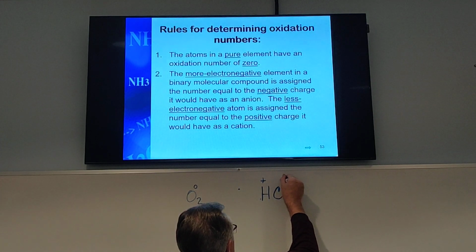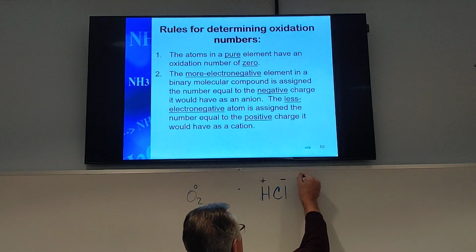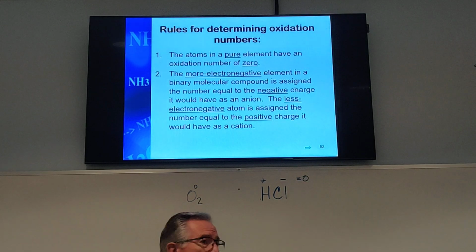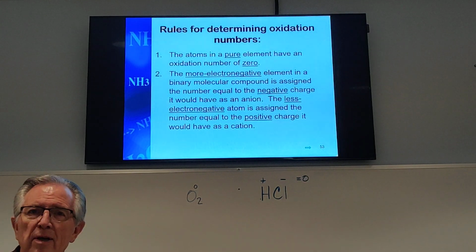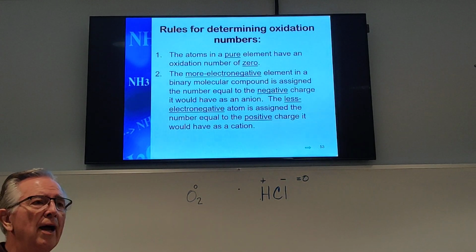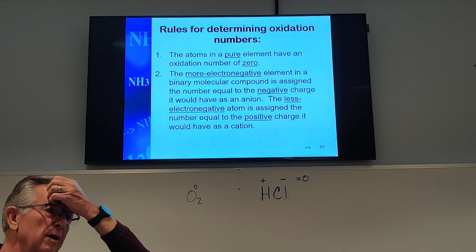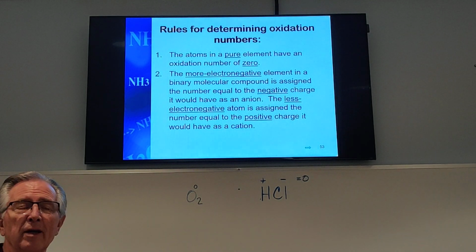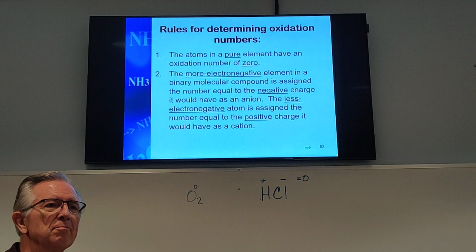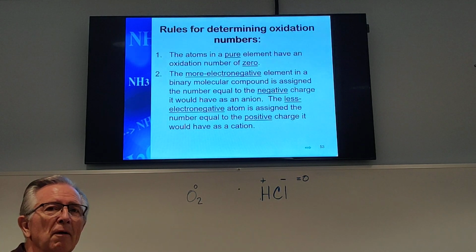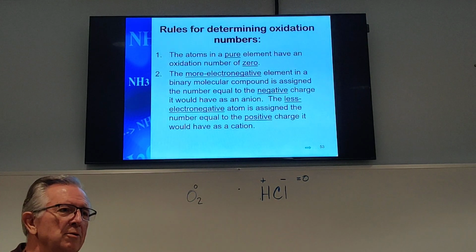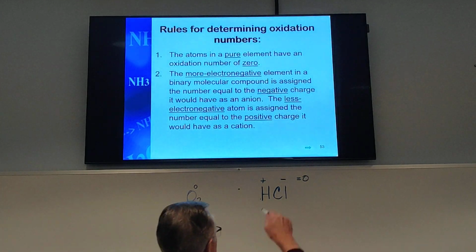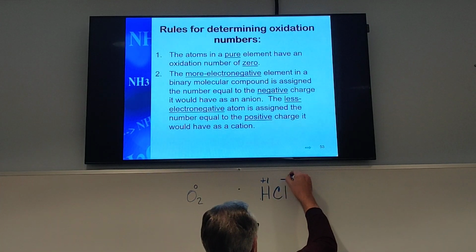So this is negative, this one's positive, and their total charge, not the oxidation numbers, the total charge, has to add up to 0. So what do you suppose each one's got to be? What two numbers would add up to 0? What's the easiest two? 1 and negative 1. Yeah, let's use a positive 1 and a negative 1.